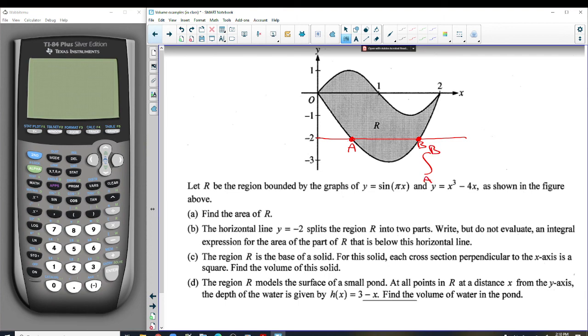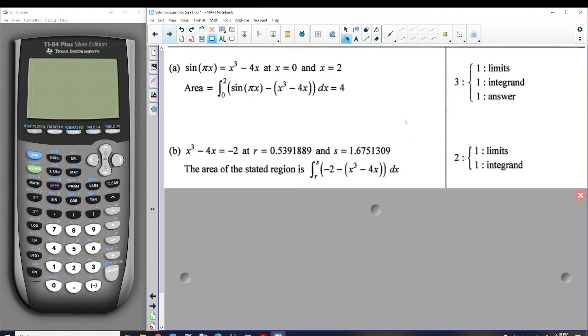I'd integrate from A to B, and the top would be -2, minus whatever this curve is, that x to the third function right here, minus x to the third minus 4x dx. So the work would be in finding what those A and B values are, the intersection points. Then it's just top minus bottom. And that's exactly what they're showing here. They found the two intersection points, and it just ends up being top minus bottom.